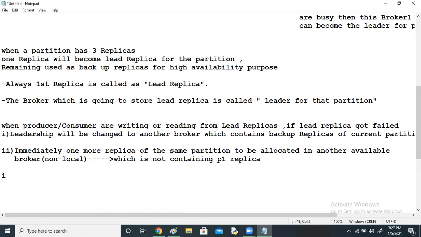Okay. Kafka always maintains the assigned number of replicas. In Hadoop, it is not possible to maintain that if it is down.